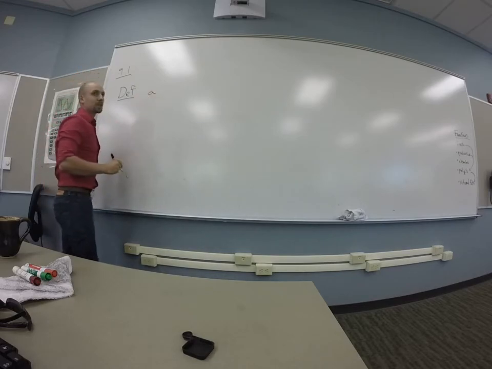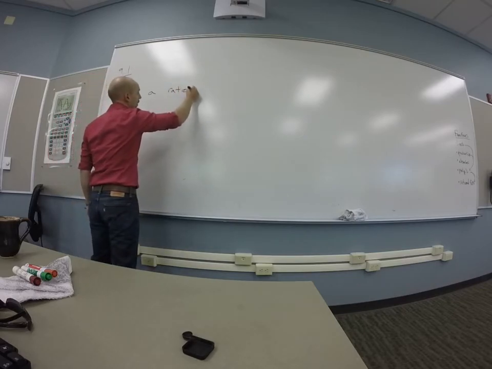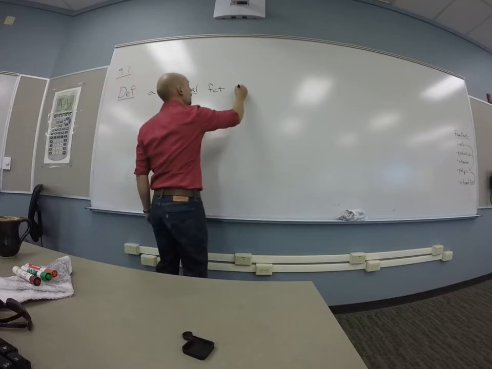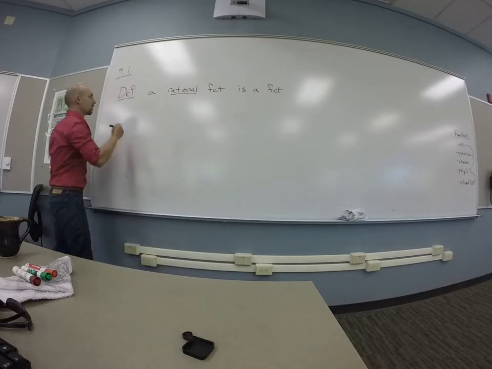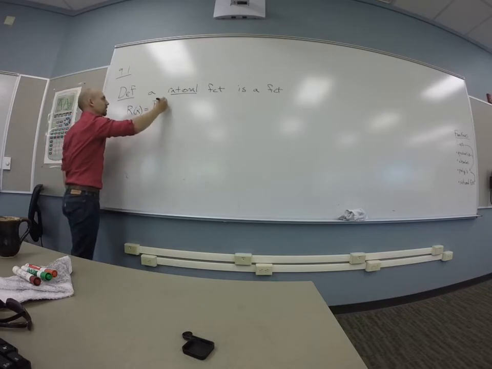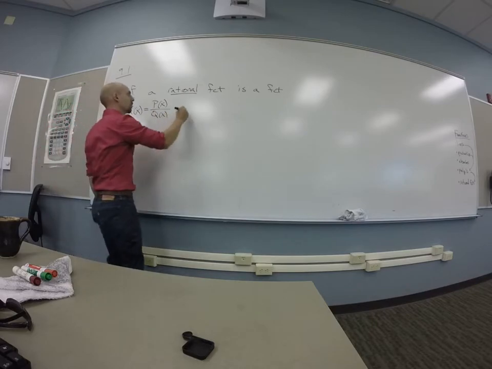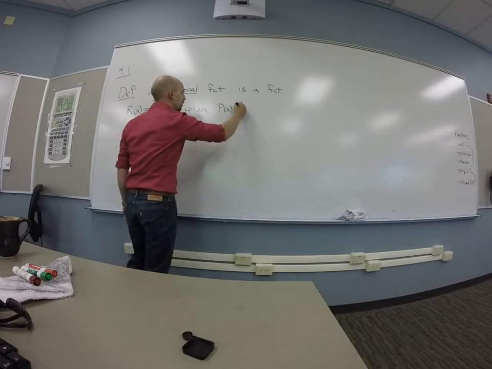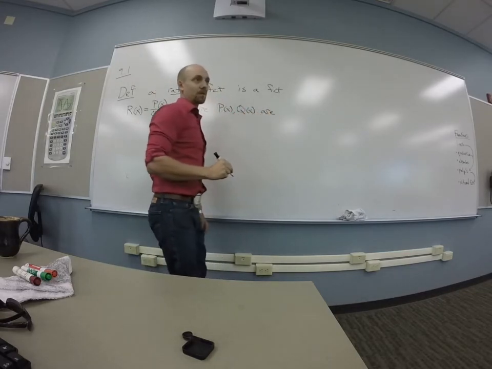To do that, you might say, a rational function is a function, say r of x equals p of x over q of x, where p of x and q of x are polynomials.